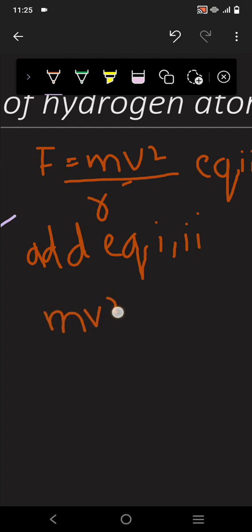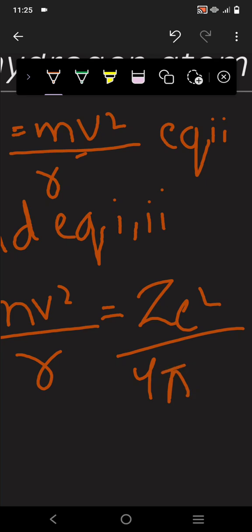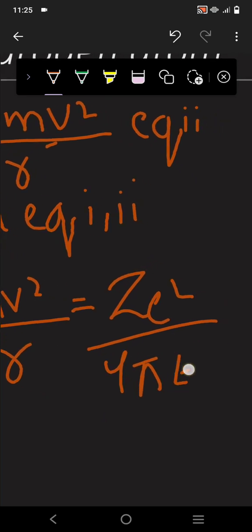Now equate equation 1 and equation 2. So we have mv square upon r, that is equation 2, and Ze square upon 4 pi epsilon naught r square. I'm just very bad at writing this.